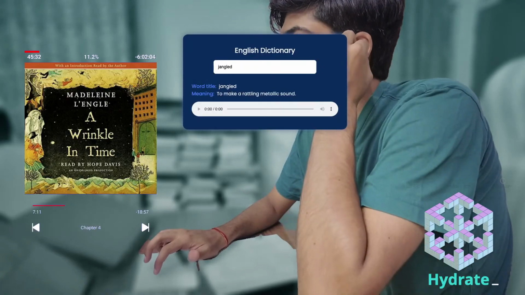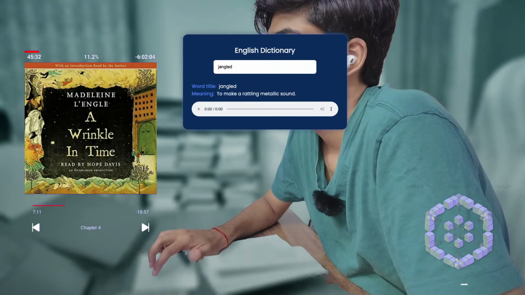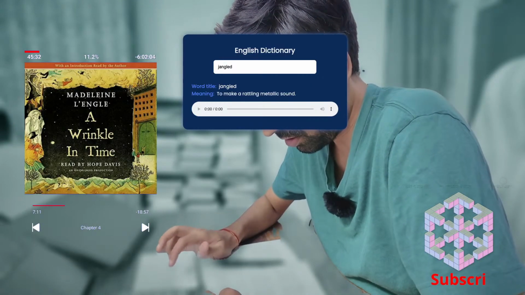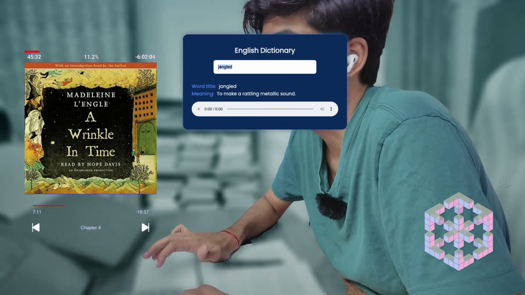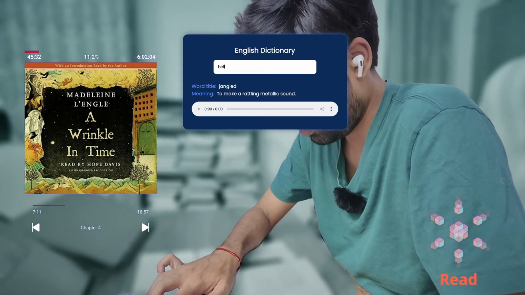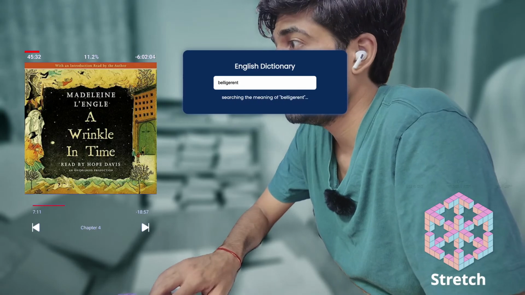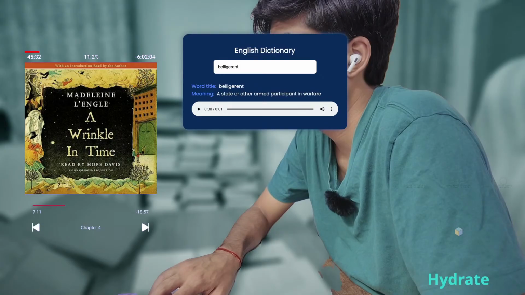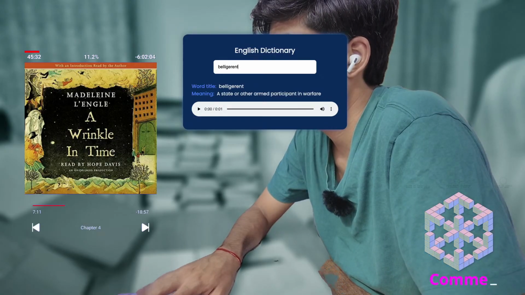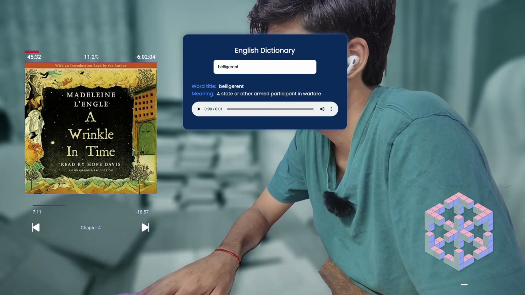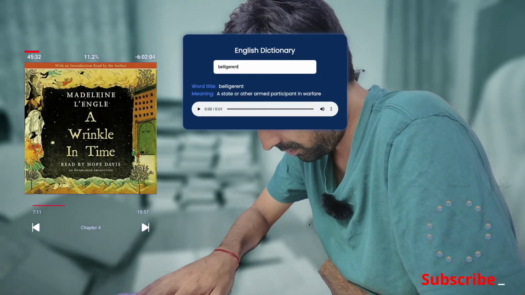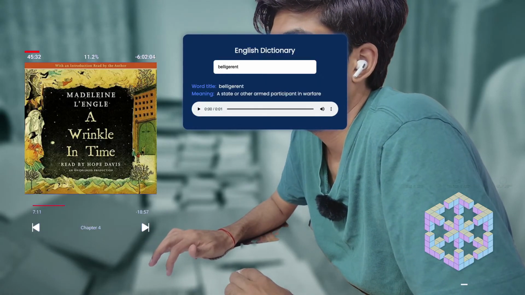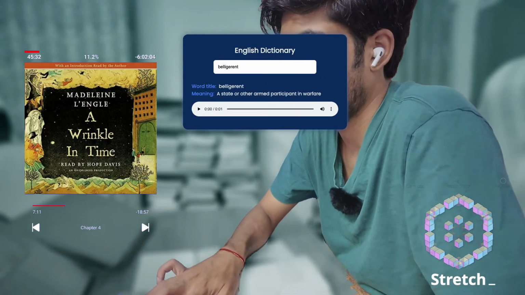I don't know why, but I'm kind of thinking that the pace of this chapter is very slow. Belligerent. Belligerent is, huh? A state or other armed participant in warfare. What? Belligerent.